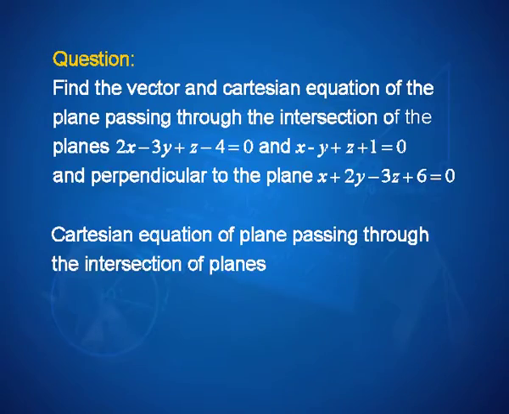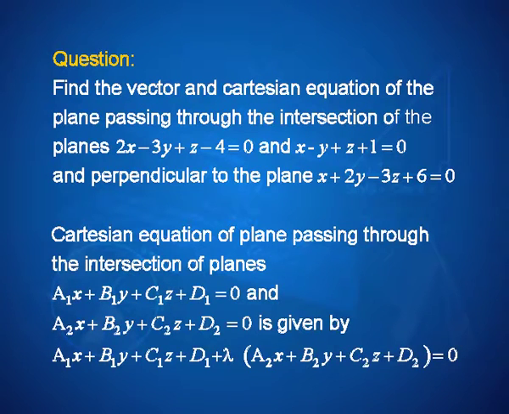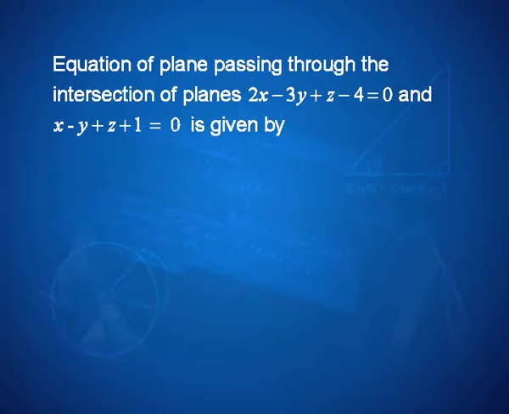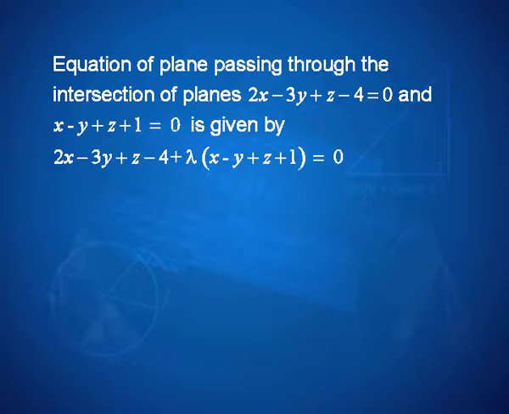Knowing that, given the Cartesian equations of the two planes, the family of planes passing through the intersection is a1x plus b1y plus c1z plus d1 plus lambda times (a2x plus b2y plus c2z plus d2) equal to 0, we have the equation of the plane passing through the intersection of the two given planes as 2x minus 3y plus z minus 4 plus lambda times (x minus y plus z plus 1) equal to 0.